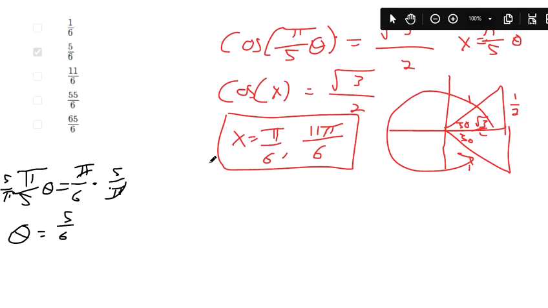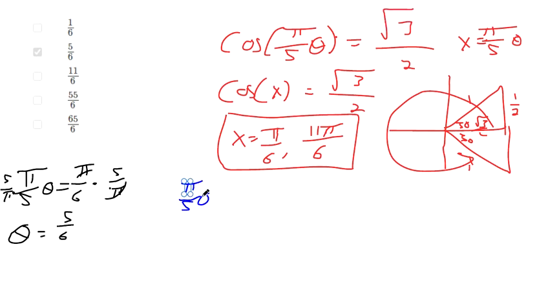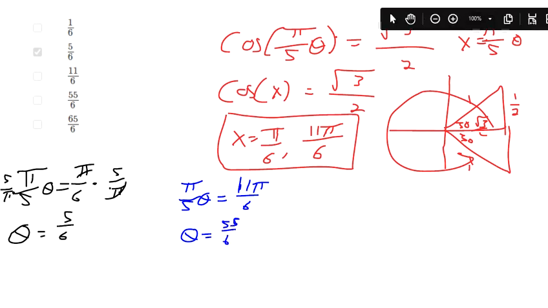Let's do another one. Let's plug pi over 5 theta equals 11 pi over 6 this time. And if you solve that equation by multiplying by the reciprocal, the pi's cancel out. So you get 55 over 6. But now we need to think about all the other angles that are coterminal with pi over 6.